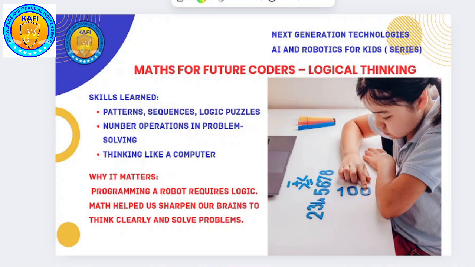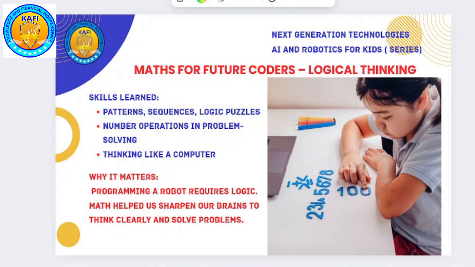Why does that math matter in robotics? In robotics, when we are programming a robot, there is a logic there. So if a robot does something, what is the next move it will do? Let's say we are planning a robot that can walk like a human. So if a robot is going to pick up its foot, what's going to happen?